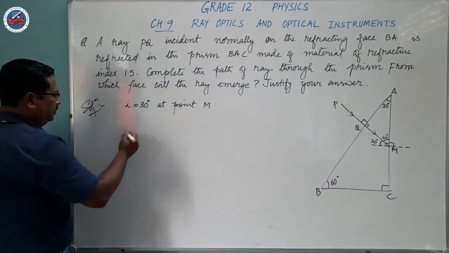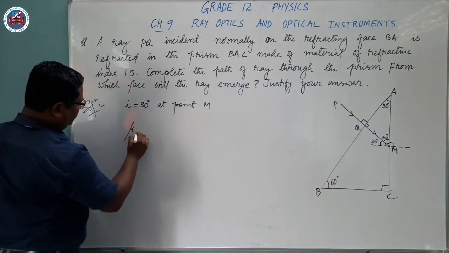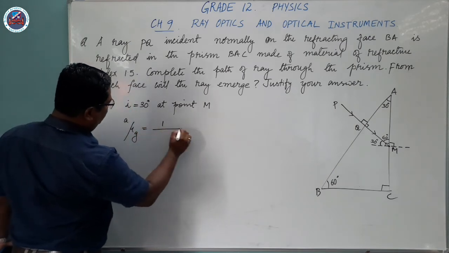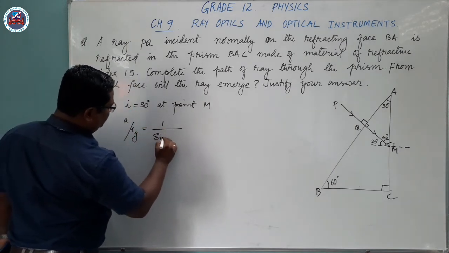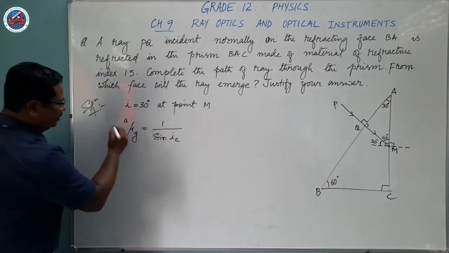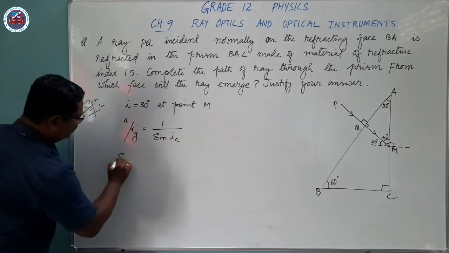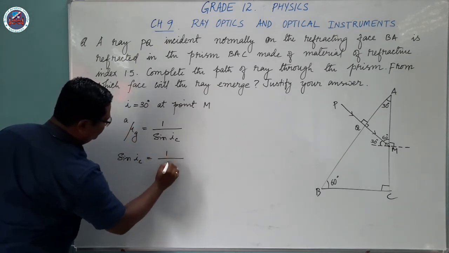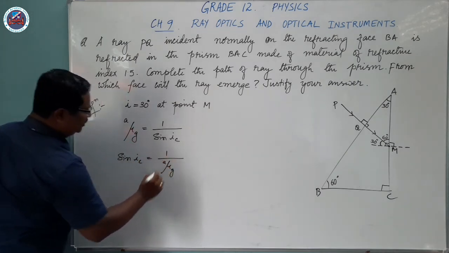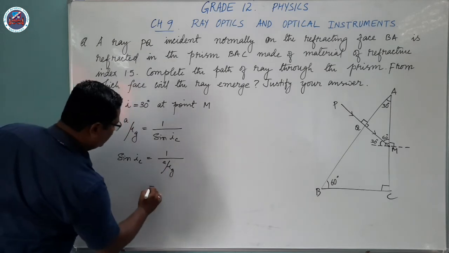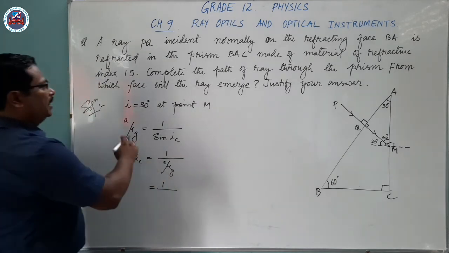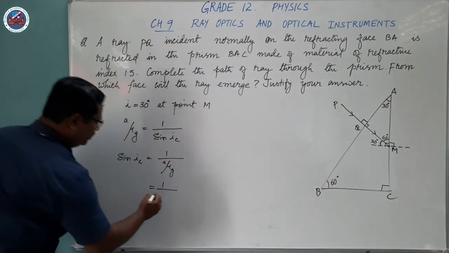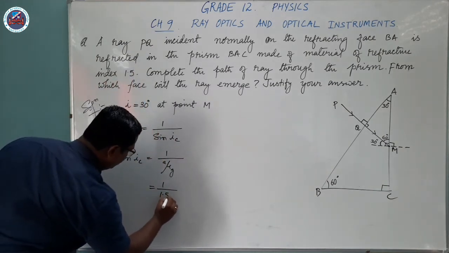To find the critical angle, you have your formula: the refractive index of glass with respect to air is the reciprocal of sin IC, or you can cross multiply. Sin IC is equal to 1 by the refractive index of glass with respect to air. They have given the refractive index as 1.5.